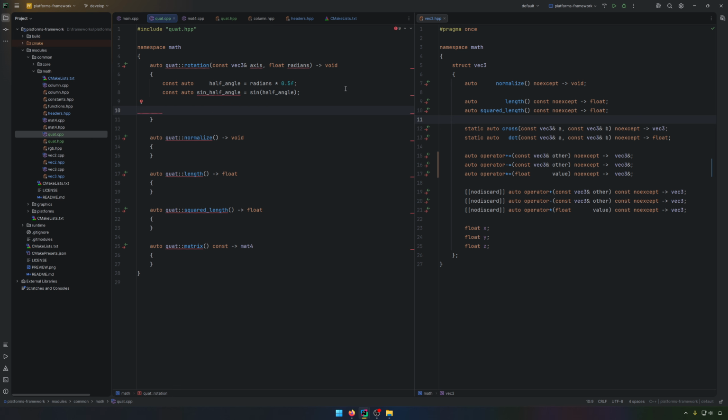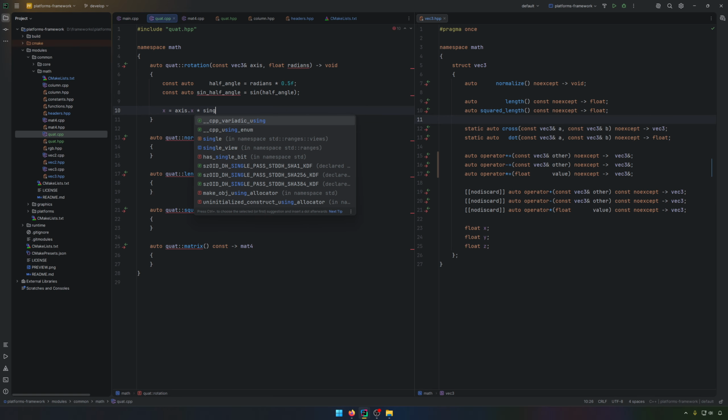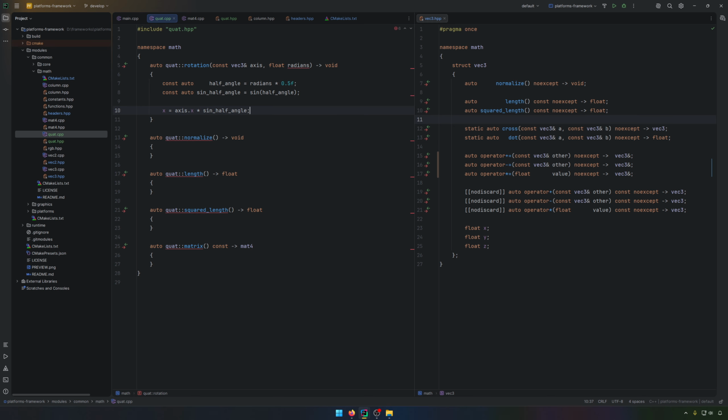What are we doing with that? It's very simple. Now, the rotation, in order to affect the x, needs to be equal to the axis x multiplied by the sin of the half angle.